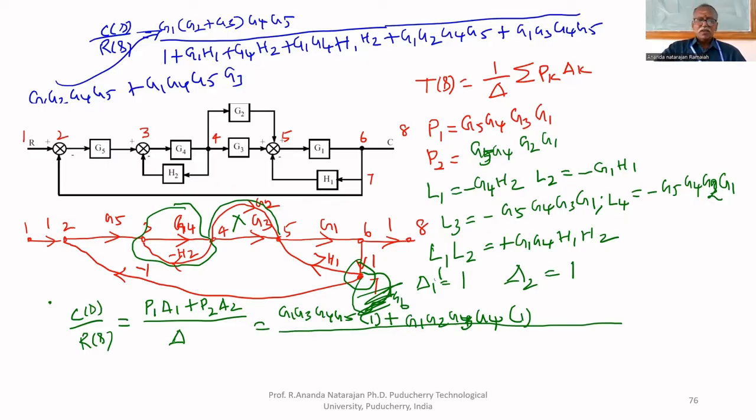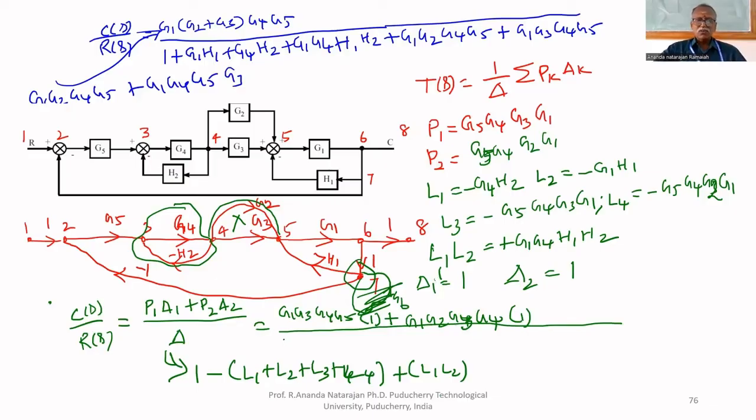Delta equals 1 minus (L1 plus L2 plus L3 plus L4) plus L1 L2. What is the formula for delta? 1 minus the sum of gain products of individual loops, plus the sum of gain products of two non-touching loops. Only one pair of two non-touching loops, L1, L2.